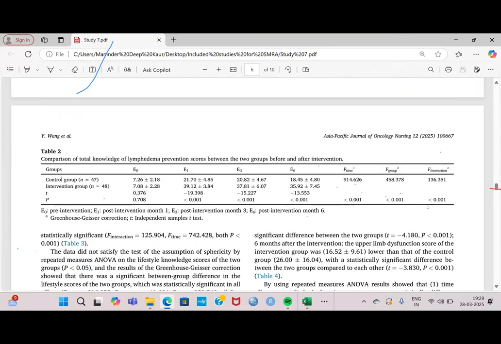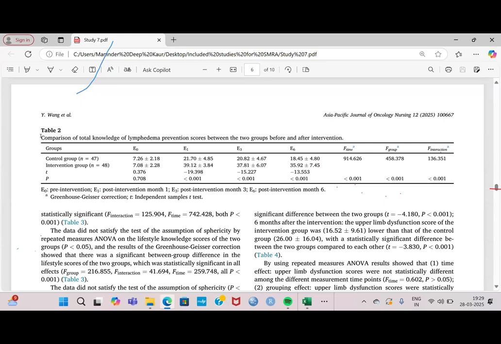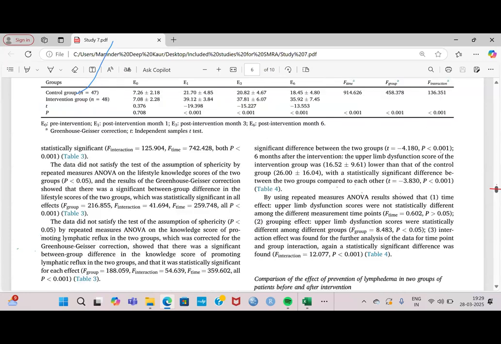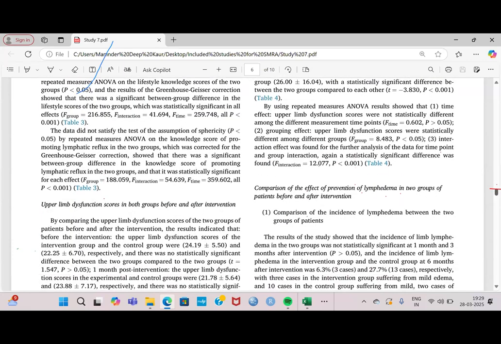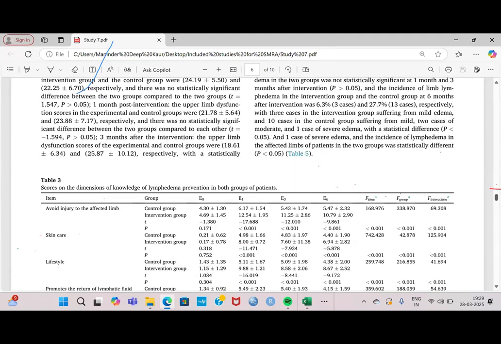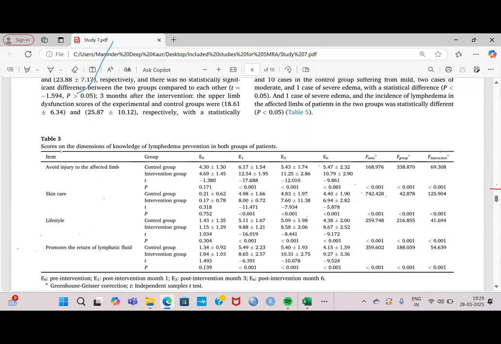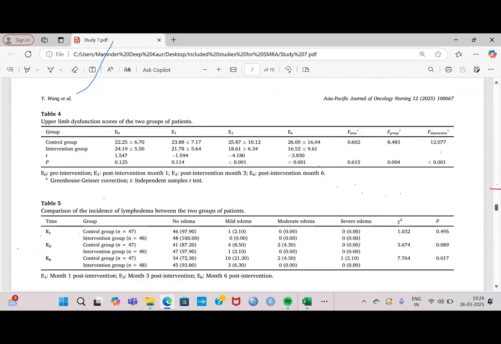Table 2 is showing the comparison of the total knowledge, so I don't need that. I need how much lymphedema is there in the patient. I don't need the knowledge. No, this table is not telling anything. This is telling about the knowledge. I don't need that also. I will leave it.